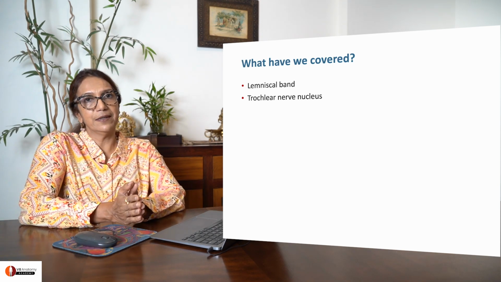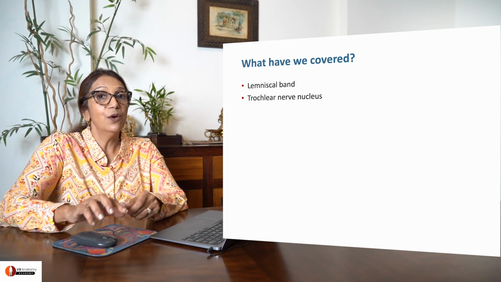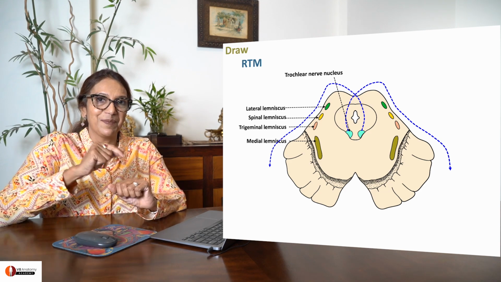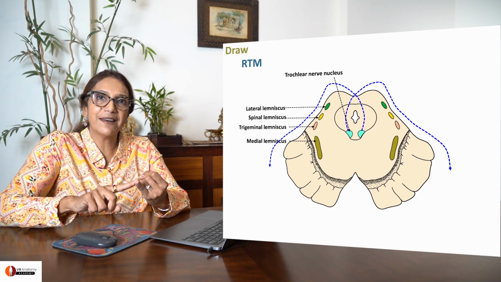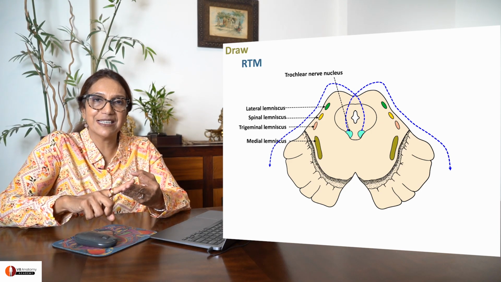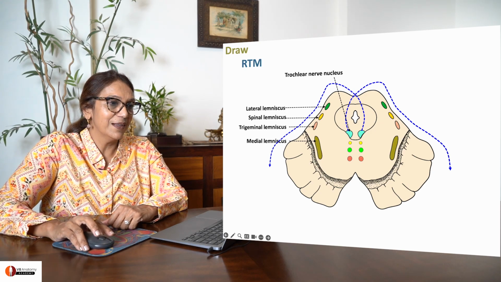So what have we learned? We've learned the lemniscal band. We've learned the trochlear nerve nucleus. What more shall we add to our diagram? Let's add the RTM. Now, how many of you remember what is RTM? Rubrospinal tract, tectospinal tract, medial longitudinal fasciculus. Let's add it now. These are the RTM.